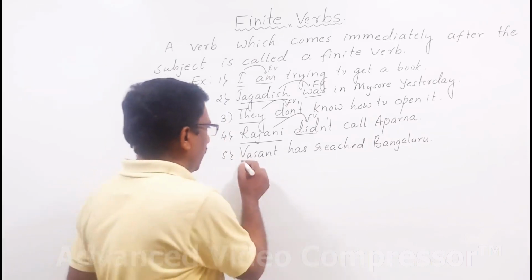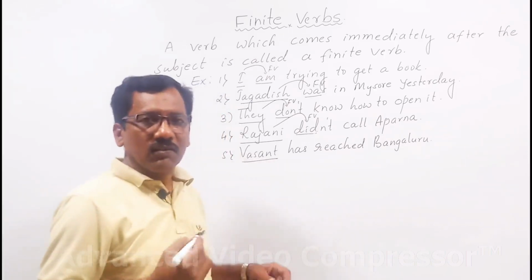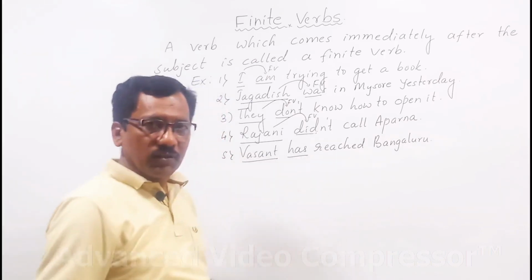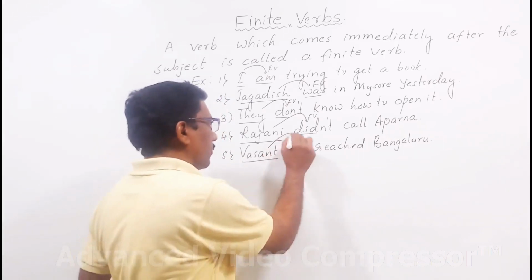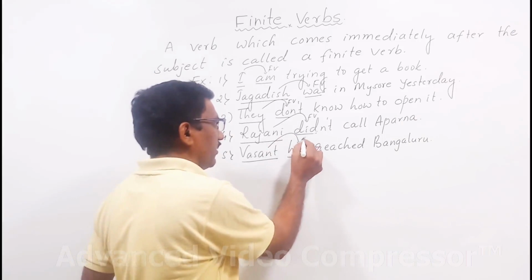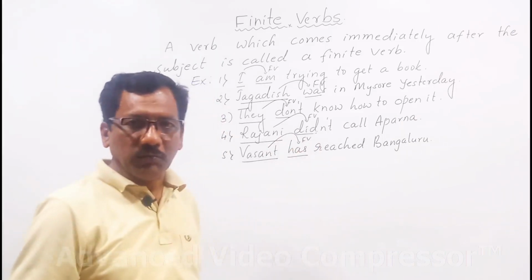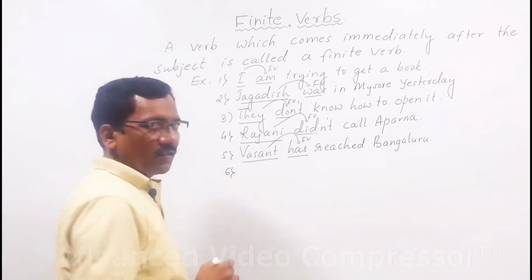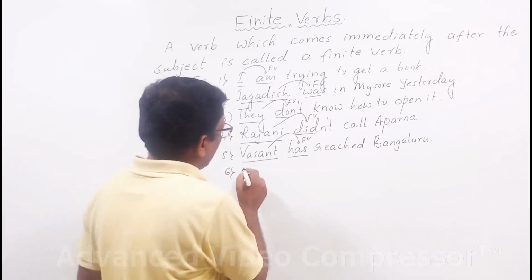See here, in this sentence, Vasant is the subject. And the word which has come after the subject is has. So, has in the sentence is the finite verb. Is it clear?